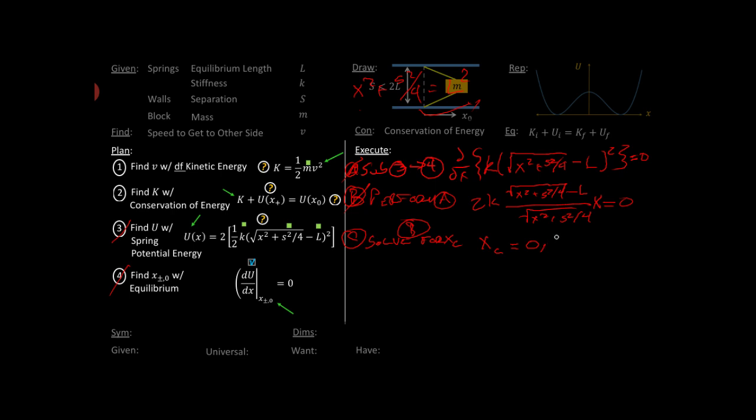So that means that either the positive or negative version of the square root of L squared minus S squared over 4 will do. And that's really just the x component, right? That's really just the x component when the springs are unstretched.